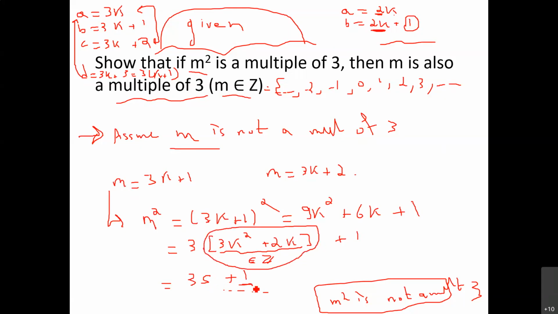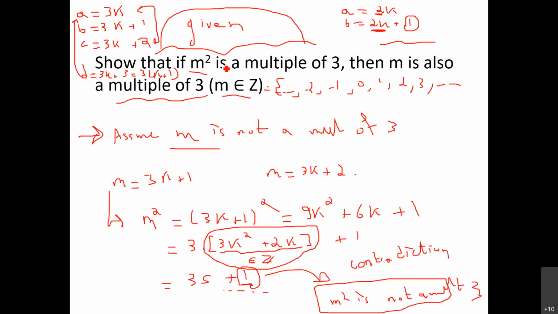But there's a plus 1. So we're saying here, no, m squared is not a multiple of 3, because, hey, there's a remainder 1. So, contradiction. We assumed that m is not a multiple of 3, and we got that m squared is also not a multiple of 3, which contradicts with our given.